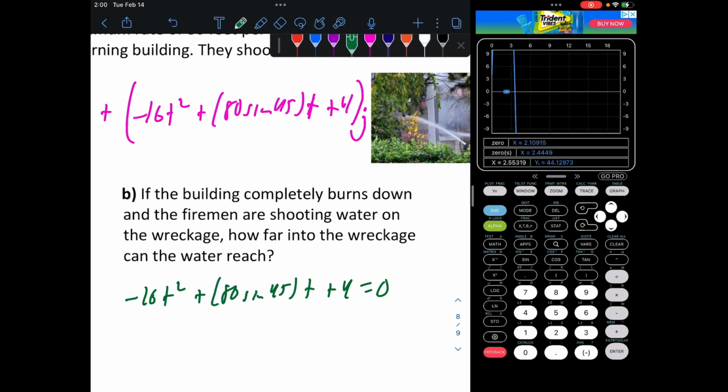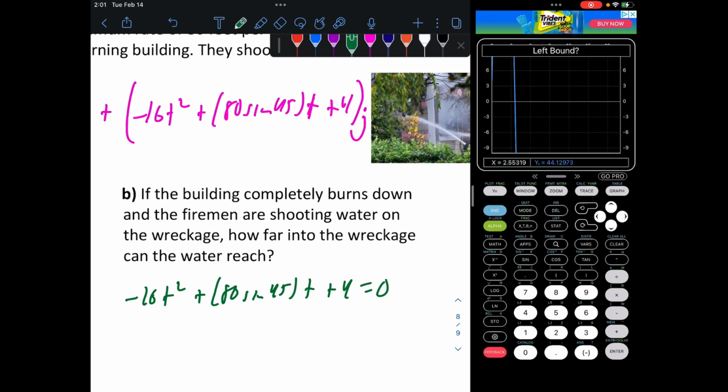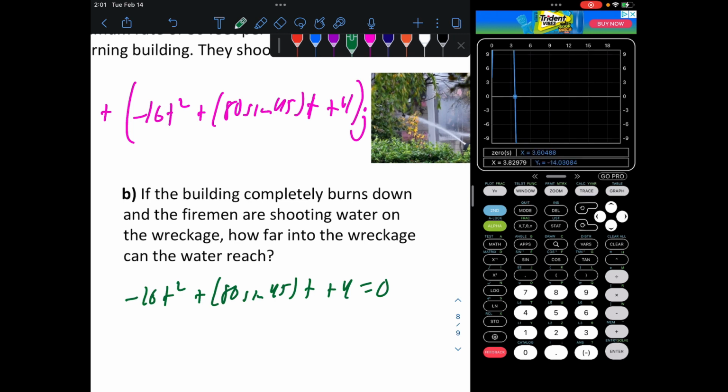All right, so when will that be 0? Let's go ahead and calculate our 0. 3.605 is when it would hit the ground, how far it reached.